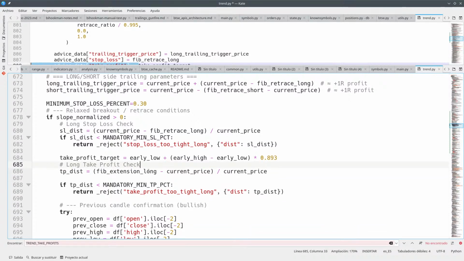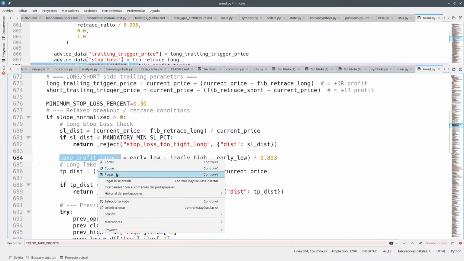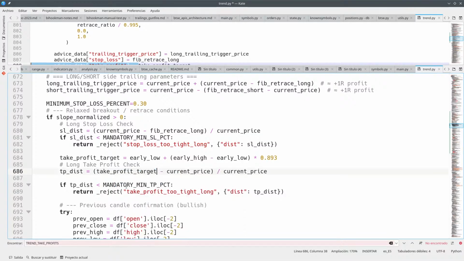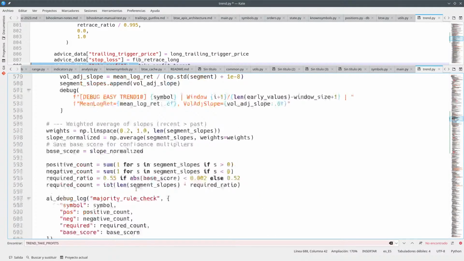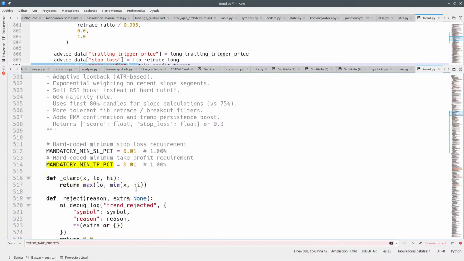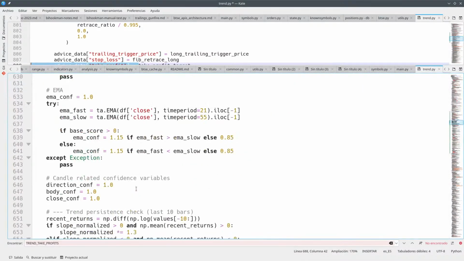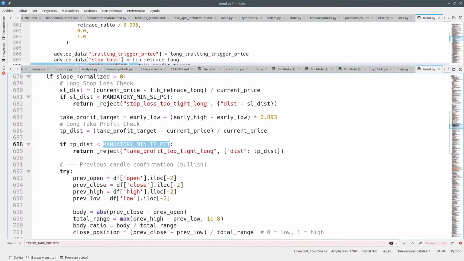It's the take profit target minus the current price divided by the current price. This is the distance. So if the distance is less than the mandatory minimum take profit percentage, which is up here, hopefully 1%. If it's not the case, then we don't do anything. Take profit too tight long, whatever, and this is the distance.